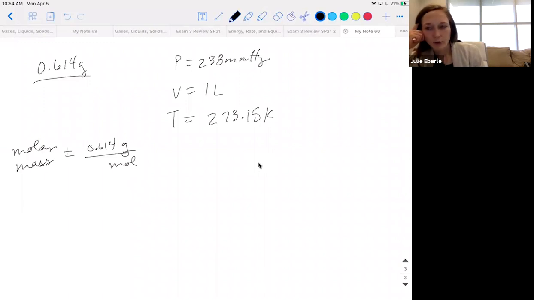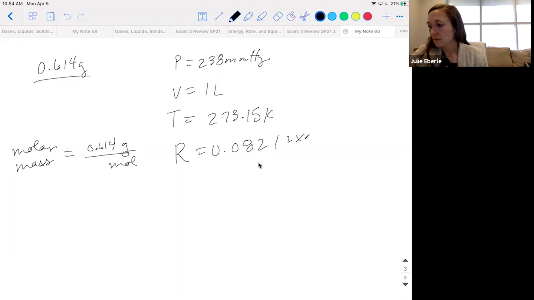We just need to solve for moles. We have volume, pressure, and temperature, and we know R. What can we do?